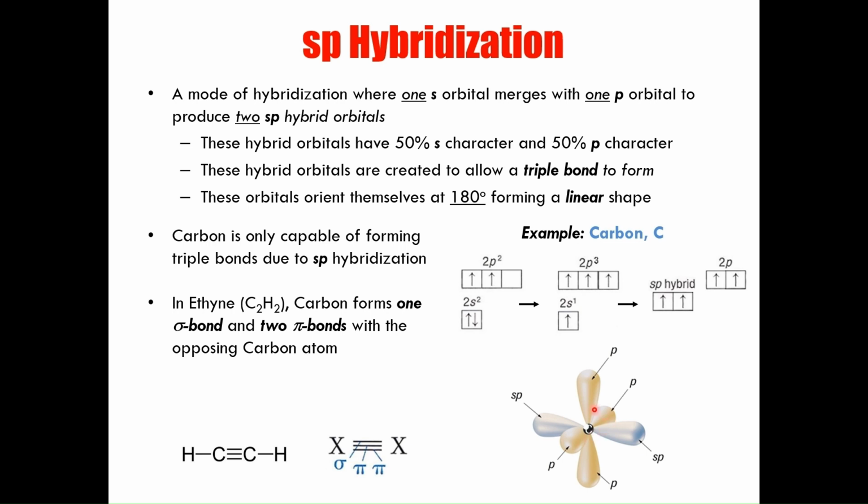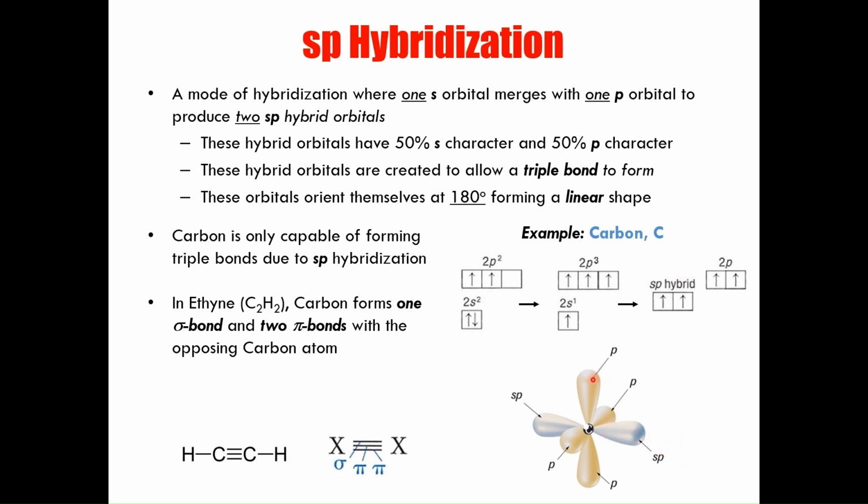And so we will have one pi bond and a second pi bond, contributing 2 more bonds to the pre-existing sigma bond that always forms between the 2 carbon atoms. And of course, that's facilitated by this hybrid orbital here. And so this hybrid orbital will overlap with the hybrid orbital of another carbon to create a sigma bond.